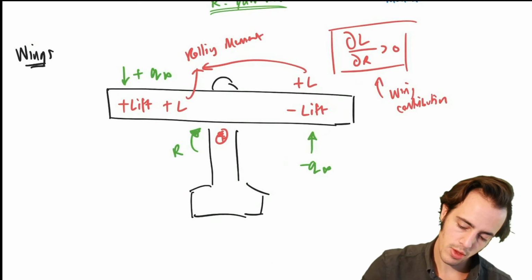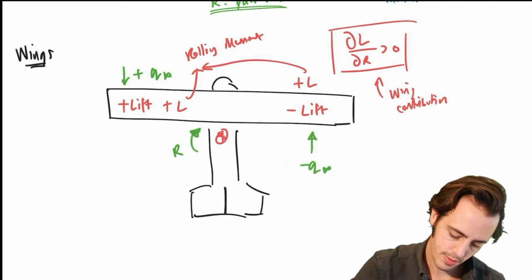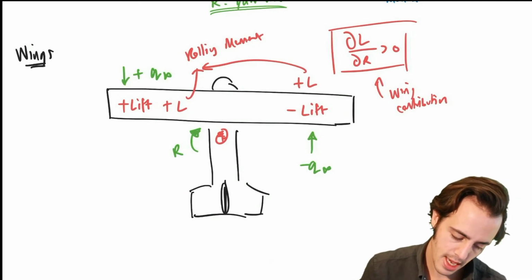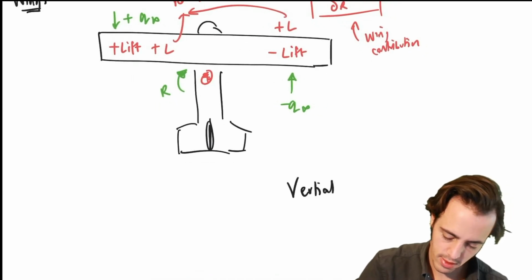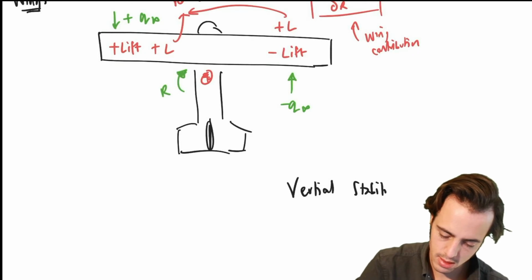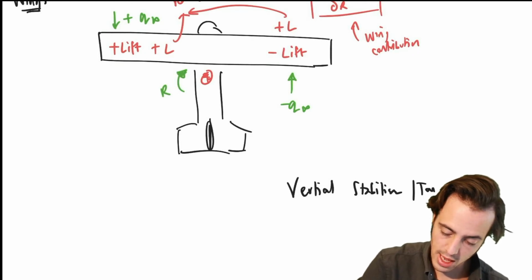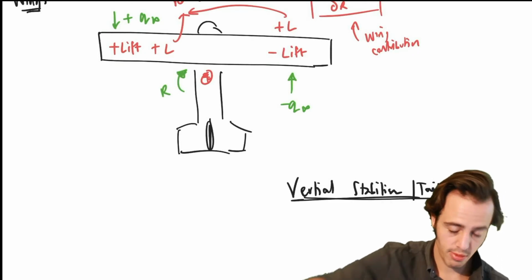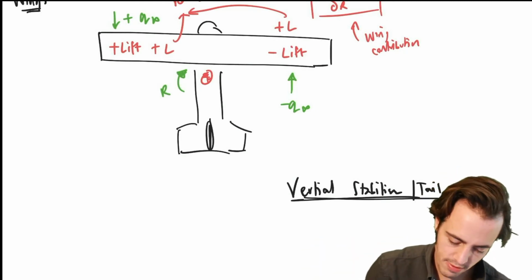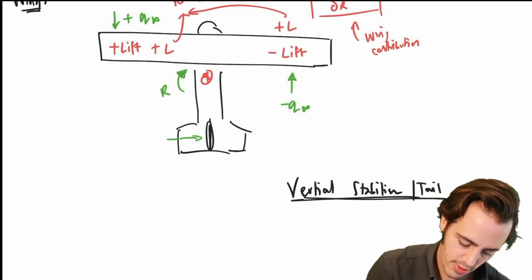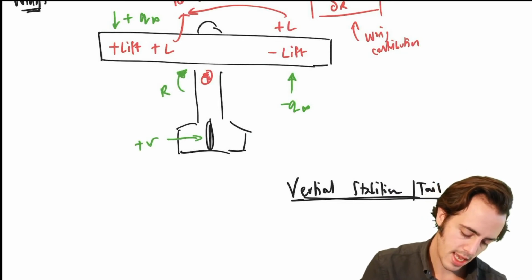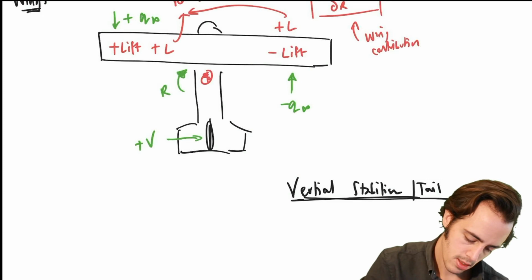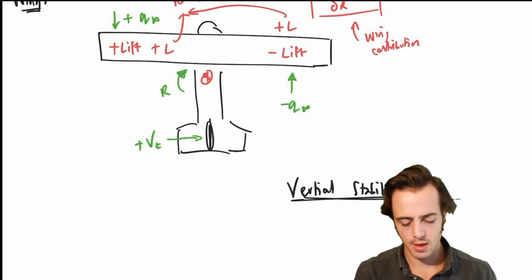There's also a contribution due to the vertical stabilizer, or the vertical tail. If we've got this yaw rate, then we have an effective sideways velocity. So we call this a plus V occurring here, V on the tail. This is the component of velocity.